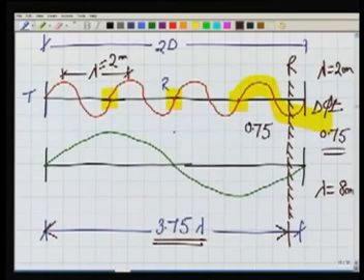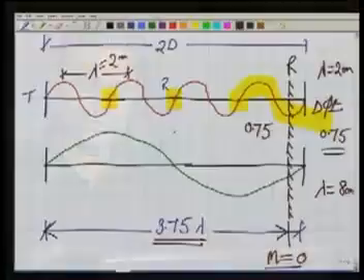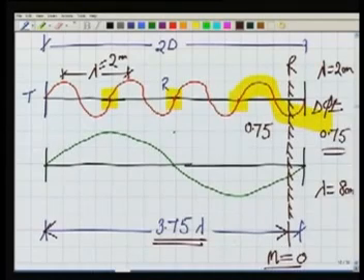If it is so, looking at this figure also, it will become clear to you that in this figure, the value of m is 0. For this distance, the value of m is 0. What distance? 3.75 lambda, m is 0. Because why it is 0?